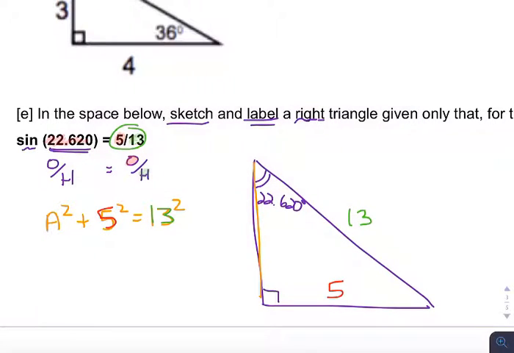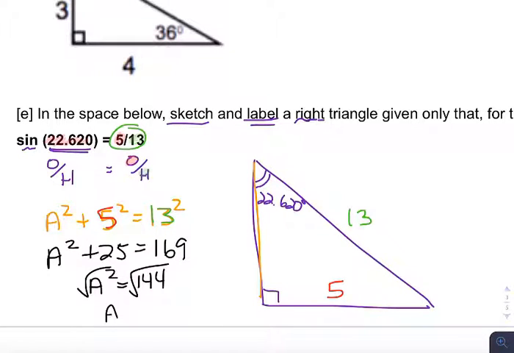So solving this down, we have a squared plus 25 is equal to 169. Okay. And so if I subtract 25 on both sides, I have a squared is equal to 144. Square rooting both sides, a has got to be the same as plus or minus 12. Being the side of a triangle, we'll ignore the negative result and just have this being 12.